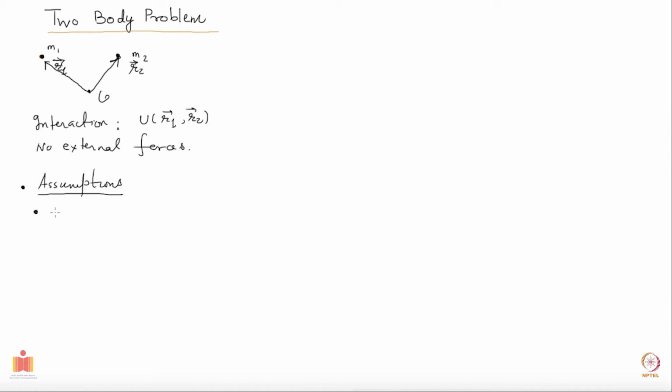If I translate this entire thing by some amount, the potential energy does not change. So I am saying that U of R1, R2 is the same as U of R2 minus R1. Here I'm saying it cares only about the vector which is separating them, the difference vector R2 minus R1.